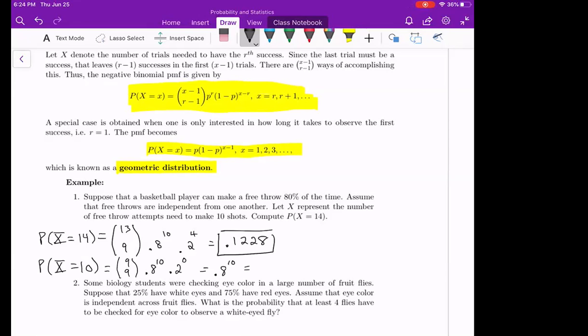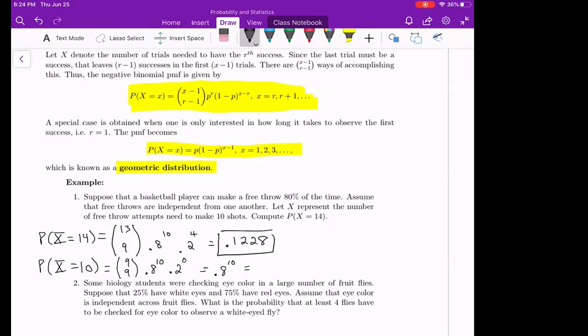Yeah, great job, Tony. So I wrote out most of it here. So you want to know the probability that it takes 10 shots in order to see 10 shots that are made, which of course implies that they make every shot up to the 10th one.